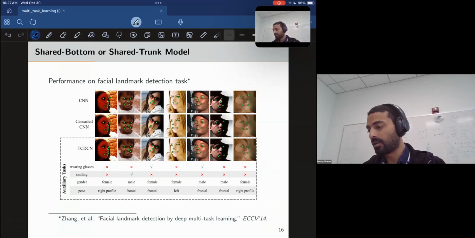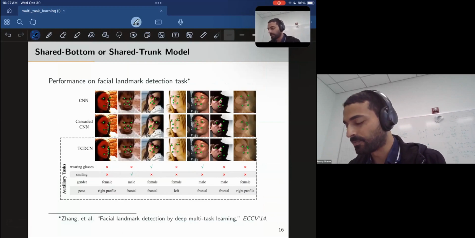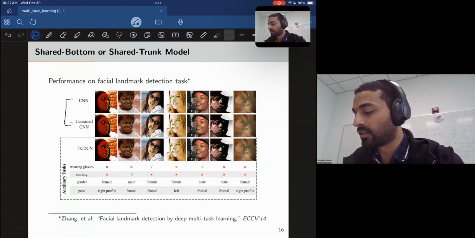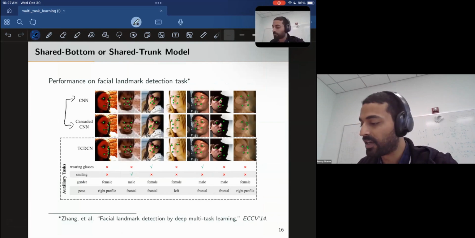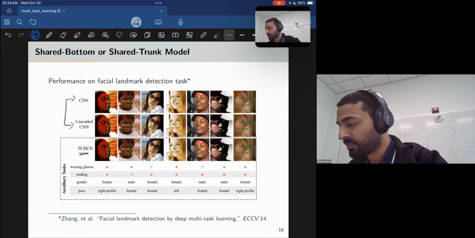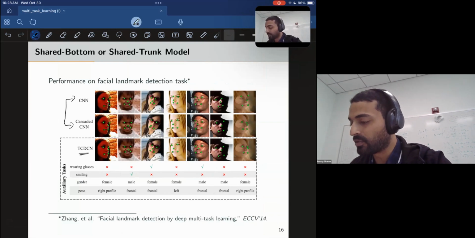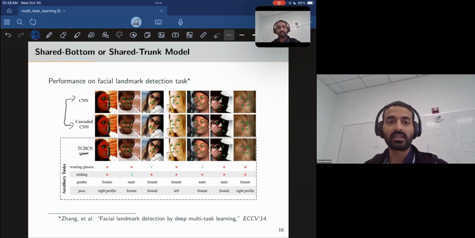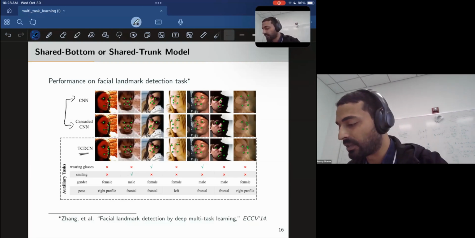These are some results they have in the paper. These two were the state of the art methods they compared against, and TC-TCN is the method they proposed. As you can see, compared to the first two rows, the third row does much better at identifying these facial landmarks.